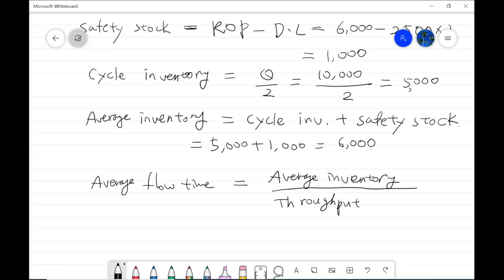So what is throughput? Throughput indicates the total amount of product that passed through the entire supply chain system. So here, what we're saying is just the entire demand. Because we are not able to know the exact demand here, we're just using the average.